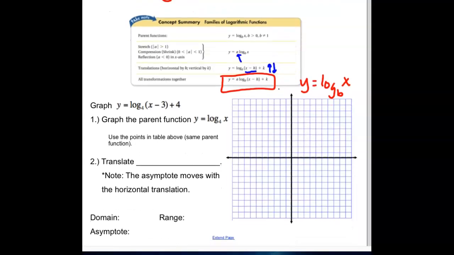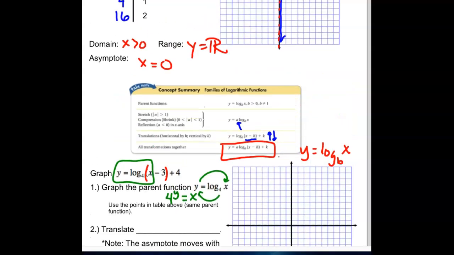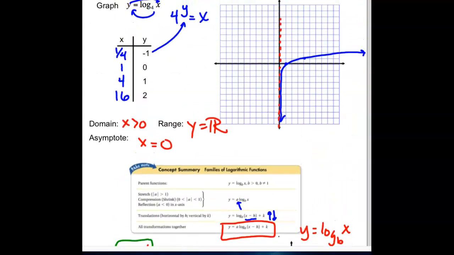Okay, so in this example, we have y equals log base 4 of (x minus 3) plus 4. Notice the parentheses there. So our parent function, again, is just this first part, log base 4 of x. So we're going to rewrite this exponentially. So 4 to the y gets us an x. Now this is the same function that we graphed right here, 4 to the y equals x.